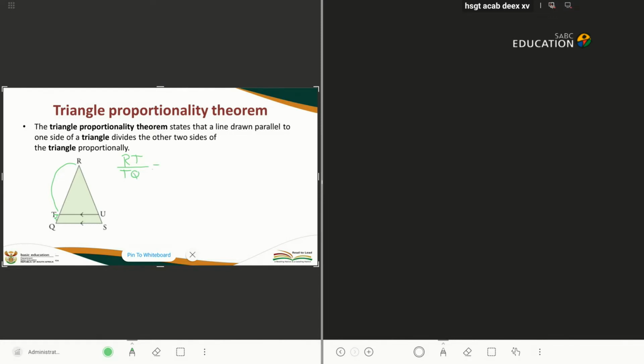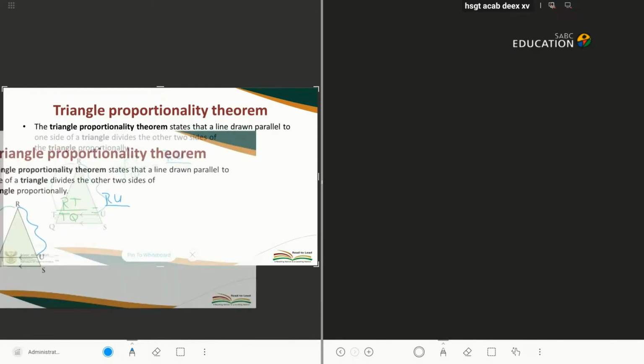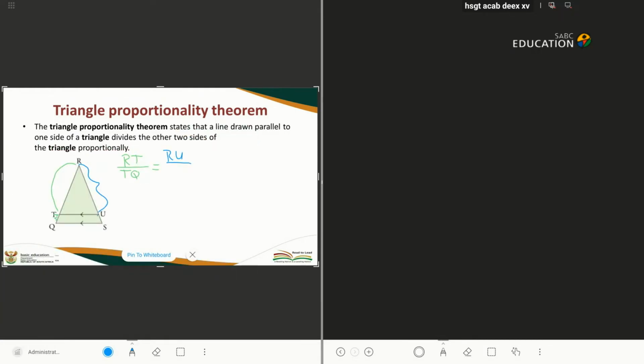That will be equal to: I look at the top part of the other side that's left after it's been cut by the line, so it's RU, divided by the smaller part that's left, US. So now I hope you can see the difference between similarity and proportionality.